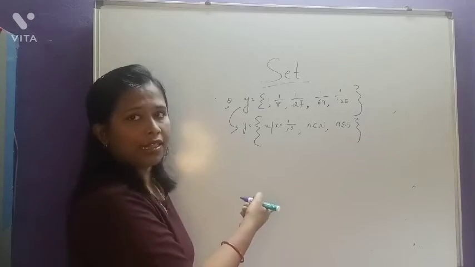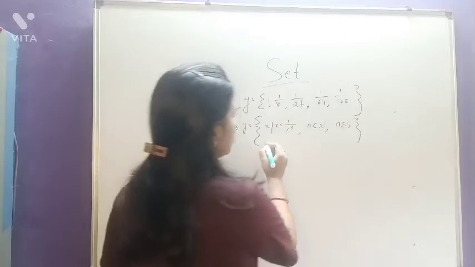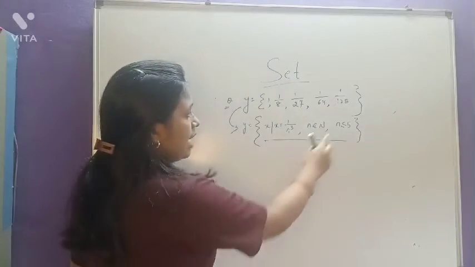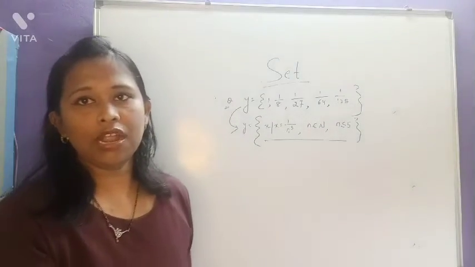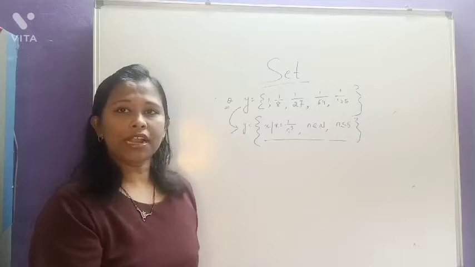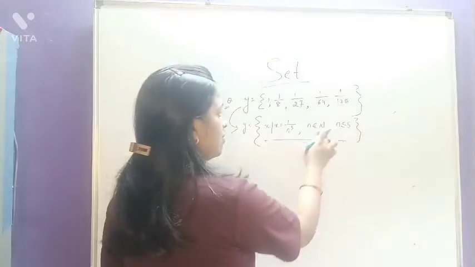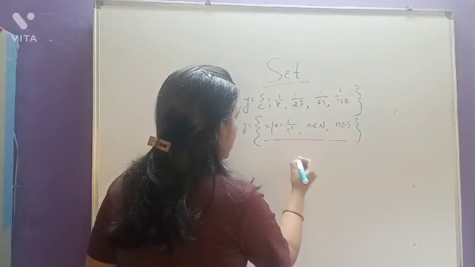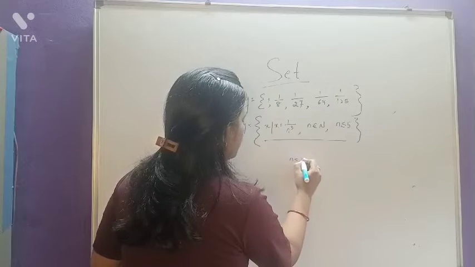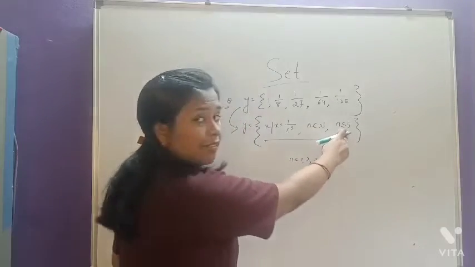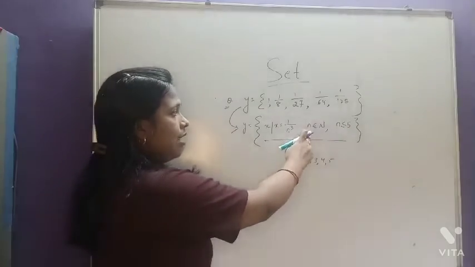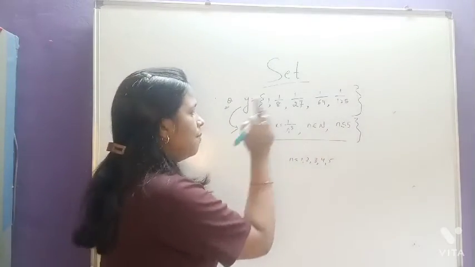Now you can check whether it is correct or not. So n is less than or equal to 5 and n belongs to the set of natural numbers, so you can understand that the values of n must be 1, 2, 3, 4 and 5.